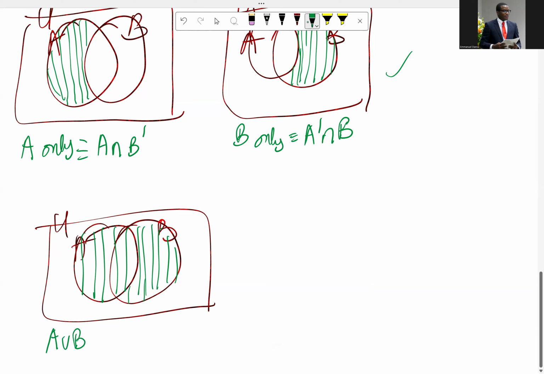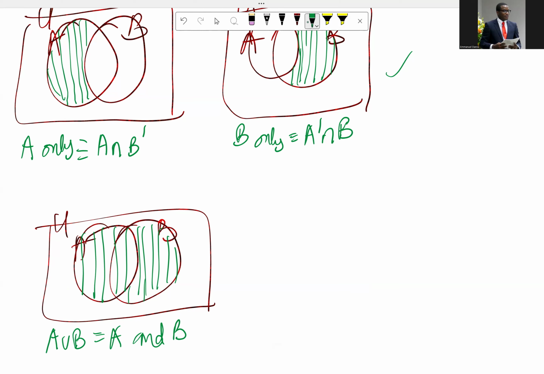So these are students who study A and B. Very soon you're going to see that there's also a difference between A and B only, as that applies in the case of 3 sets.